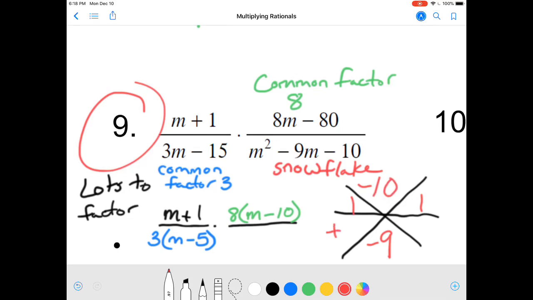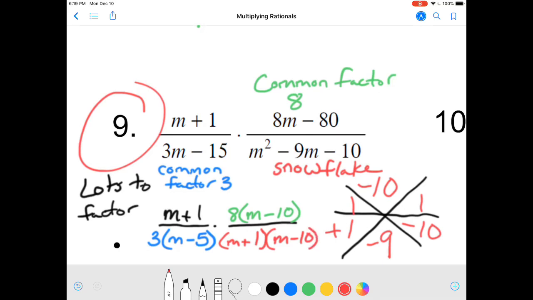Because the top value is negative, we know that we're going to have one positive and one negative factor. 1 times negative 10 gives us negative 10, and 1 minus 10 gives us negative 9. So we can write our factors as m plus 1 times m minus 10.